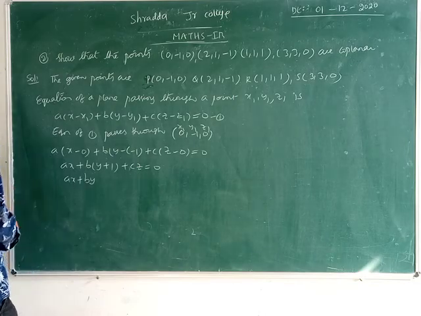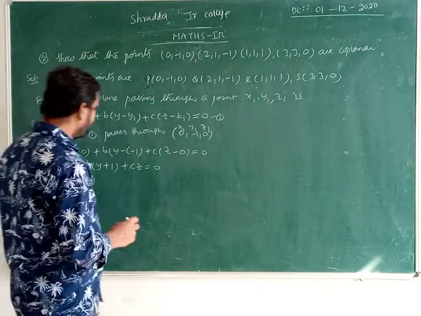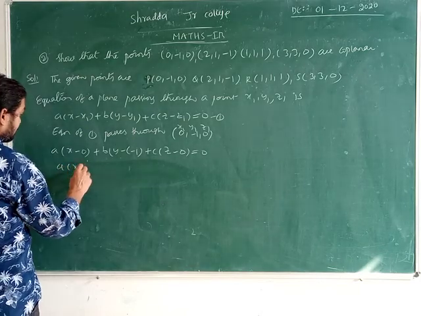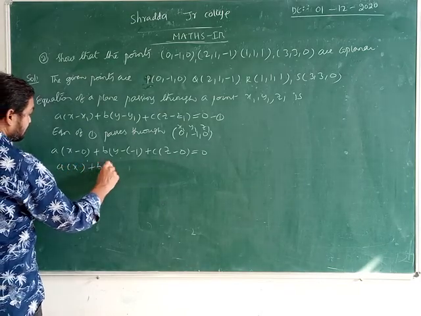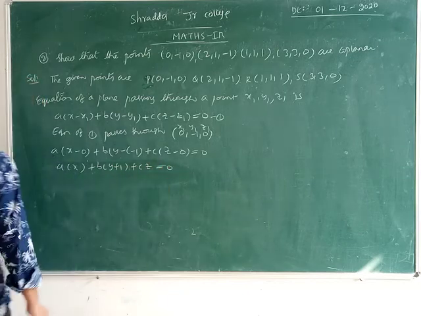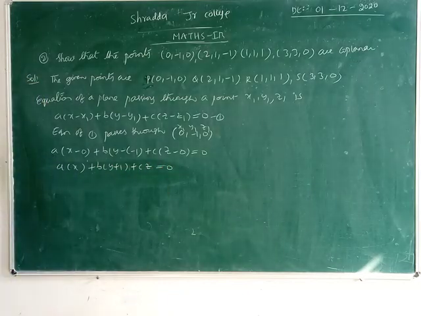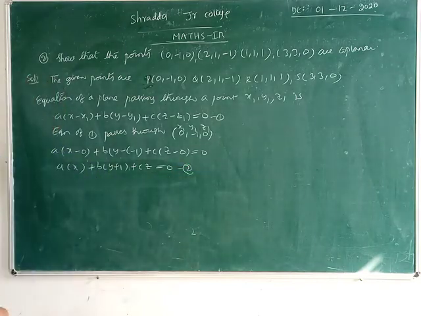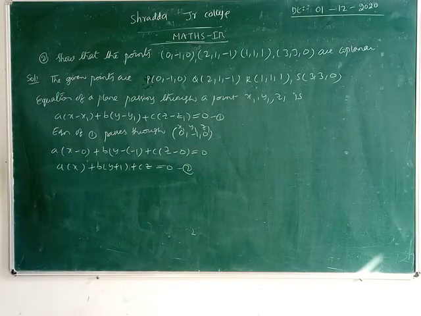Now a into x minus 0 plus b into y plus 1 plus c into z equals 0. So take this as equation number 2.